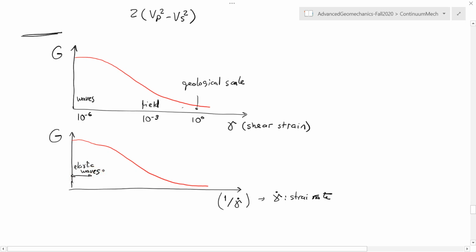And here we also incorporate the effects of frequency. And as I move into engineering applications, that strain rate tends to increase. So if I measure properties around this region, and I want to get properties around this other region, then I need to take that into account.